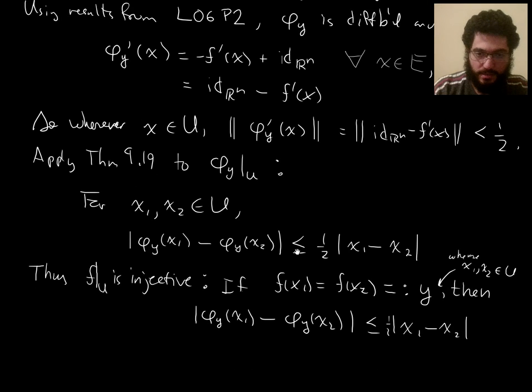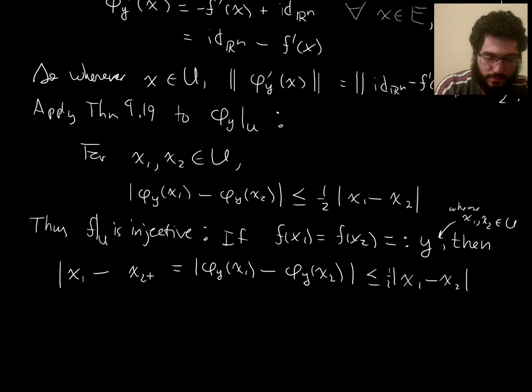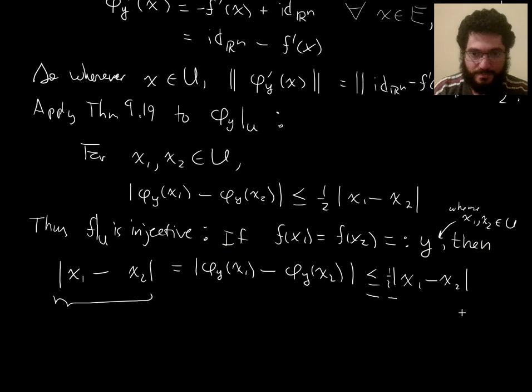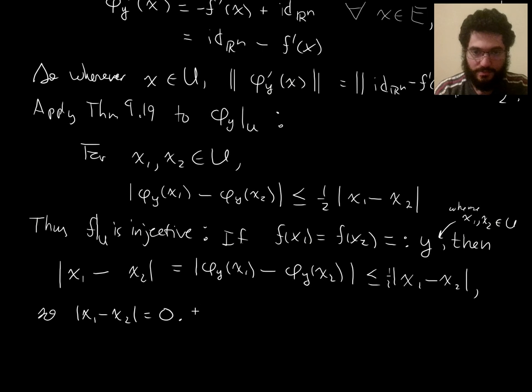Since x1 and x2 are both preimages for y, they are both fixed points for phi sub y, meaning that this is just x1, and that's just x2. So look what we've got. This number is less than or equal to 1/2 times the same number. This can only happen if the number is 0. So therefore x1 equals x2.